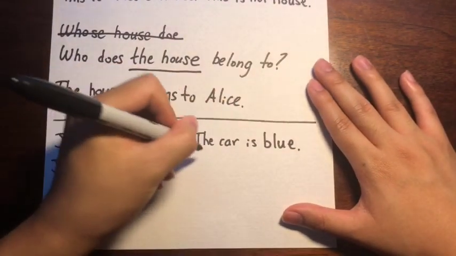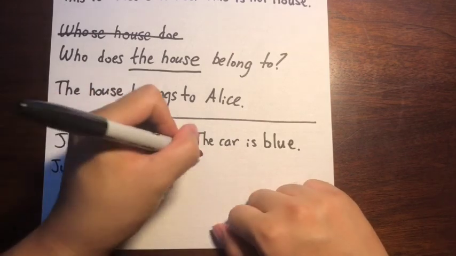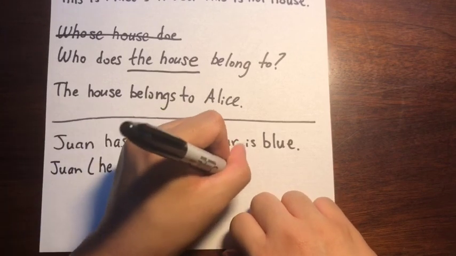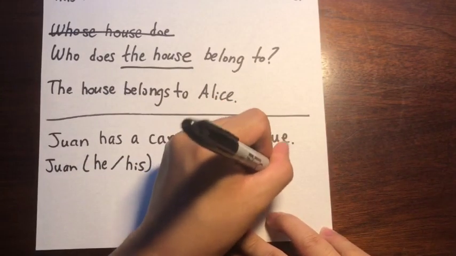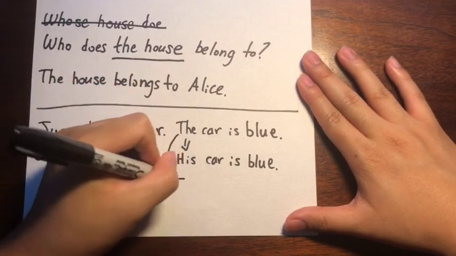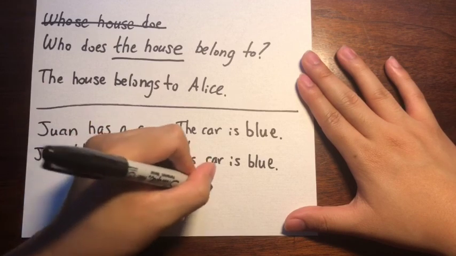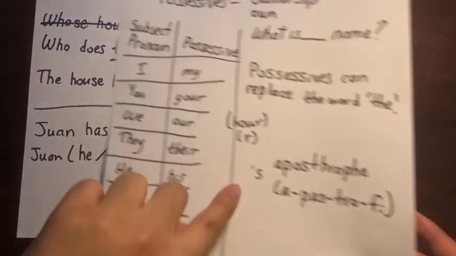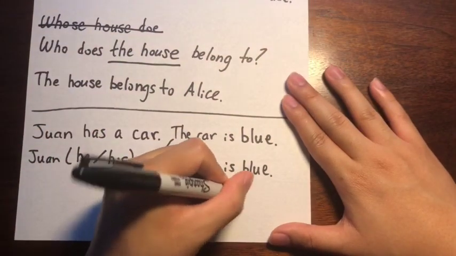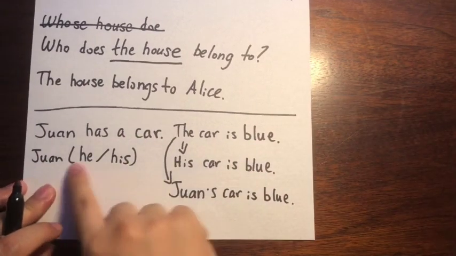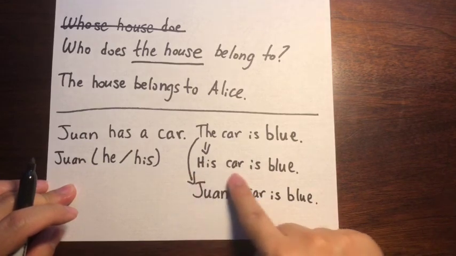Okay, so the car is blue. We can change this word to his. His car is blue. We can also say one's. One apostrophe S. One's car is blue. One has a car. The car is blue. His car is blue.